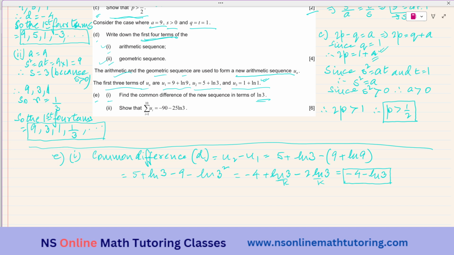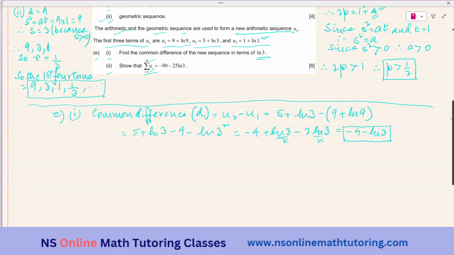And II, show that sigma Ui, i ranging between 1 to 10, both included, is equal to minus 90 minus 25 ln of 3. Fine. So sigma i equal to 1 to 10, Ui is equal to u1 plus u2 and so on.